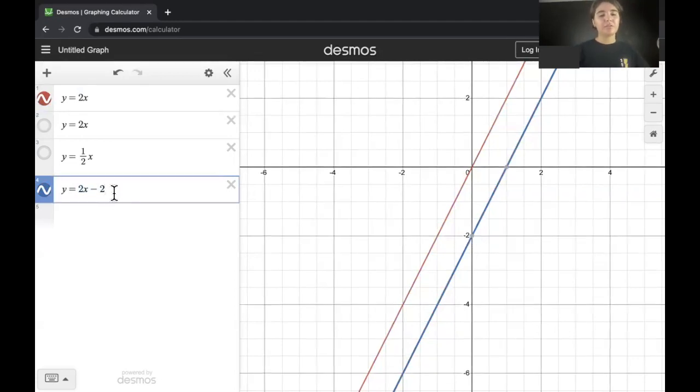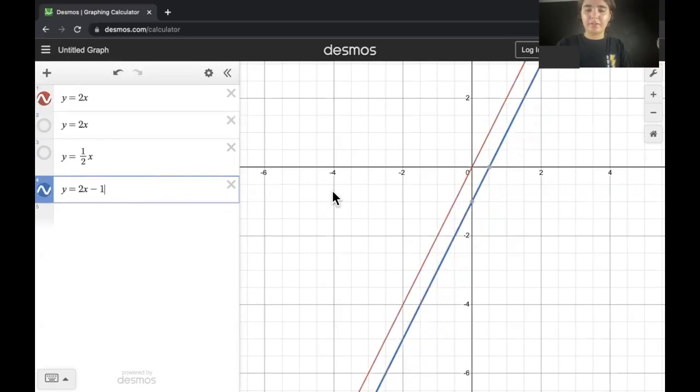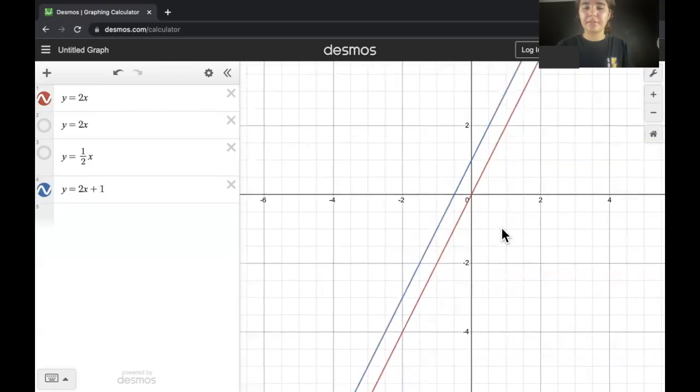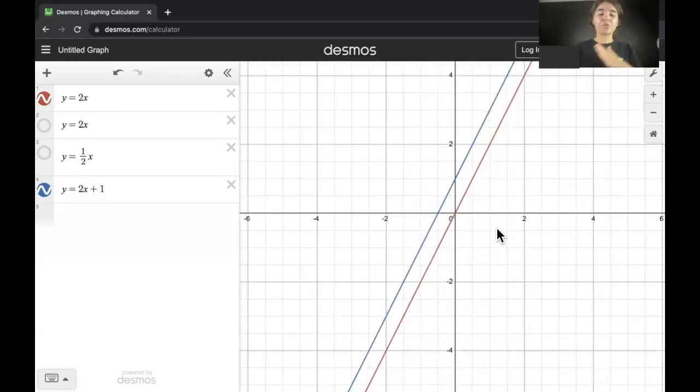So you can think of this as how much the graph is shifting, or this b value can be thought of as the y-intercept, where the graph crosses the y-axis. So if this was a -1, it's crossing at -1. If this was a +1, it's crossing at +1, but the whole graph is shifted up.